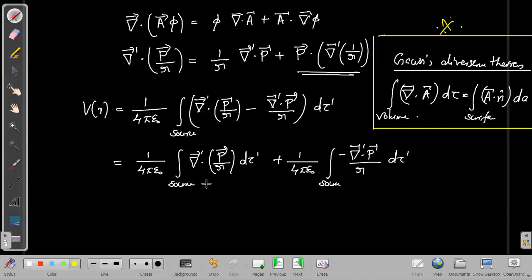Okay, so which expression can I modify, the first one or the second one? Obviously we can modify the first one, because the first one is a volume integration of a divergence.